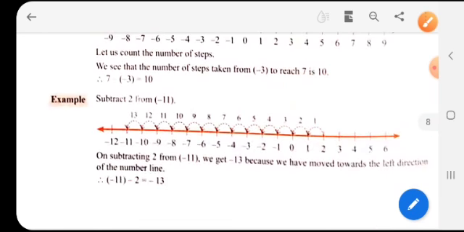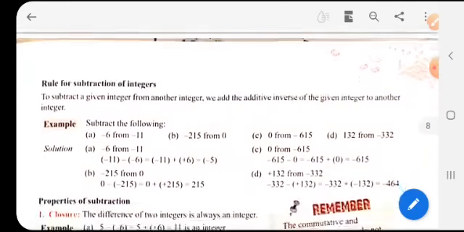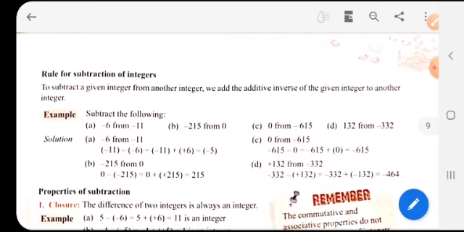Then we move on to the rule of subtraction. To subtract a given integer from another integer, we add the additive inverse of the given integer to the other integer. So subtract minus 6 from minus 11. When we subtract, we get minus 11 minus minus 6, that means minus and minus is plus.